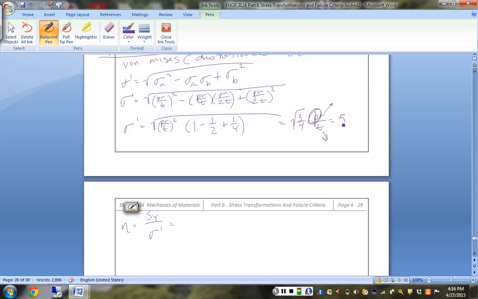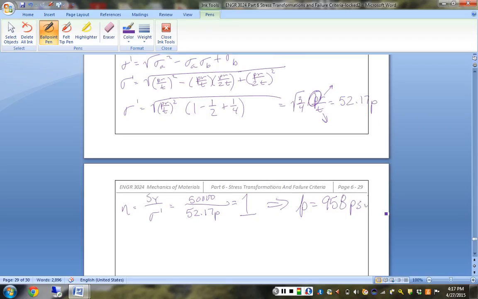So this ends up being 52.17 times the pressure. So 50,000 over 52.17 times P equals factor of safety of 1 for yield, which gives us a pressure of 958 psi. So again, if you remember from the plot with our different factor of safety envelopes, the von Mises ellipse is a little more conservative than the polygon. It's a little further out.